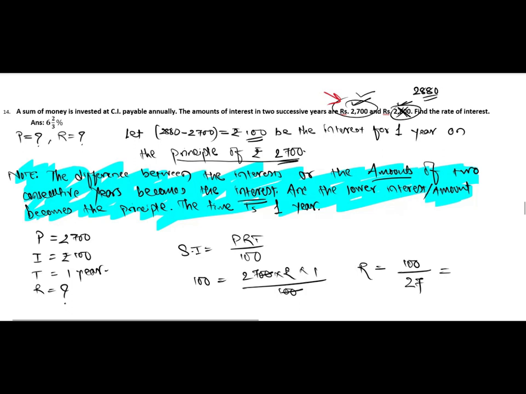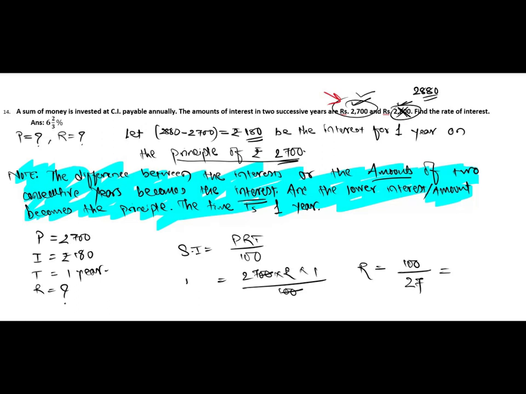So what is 2880 minus 2700? 180. So 180 will be the interest. Let me change it over here also. It will be 180. Let me change it over here also.